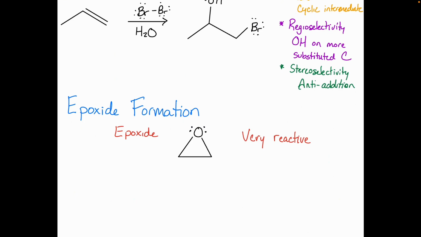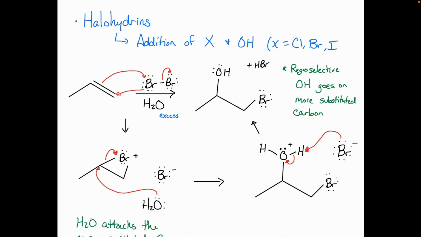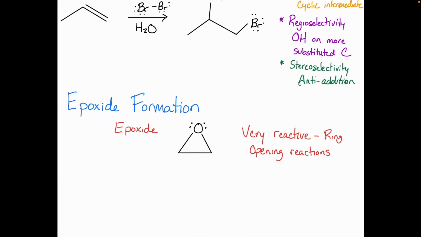They're good starting points in a synthesis. In particular, they want to undergo these ring opening reactions, not at all unlike what we saw for our cyclic intermediate. Our epoxides want to do the same thing. Very unstable triangle formation, they're trying to pop open and increase their bond angles.